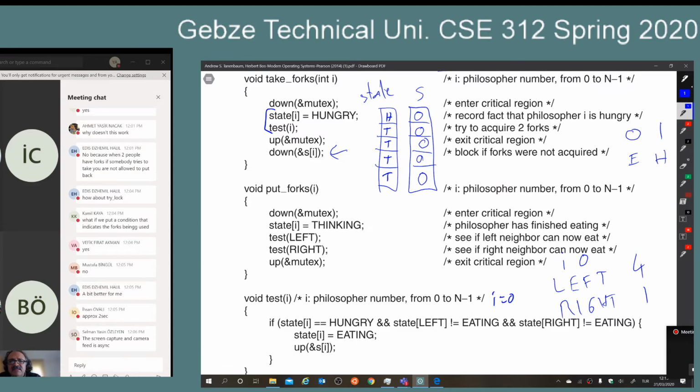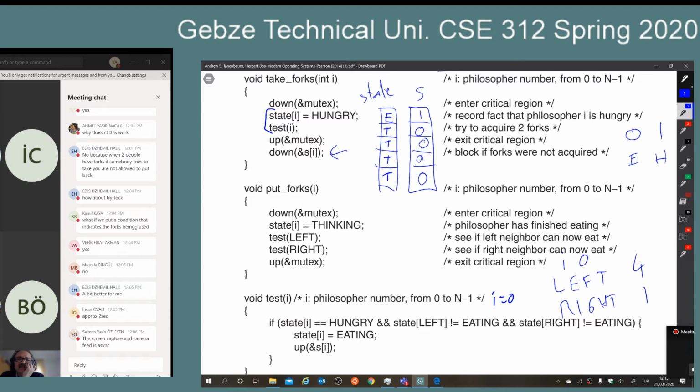So my state will be eating. I change this one to eating, and then I will up my semaphore. So my semaphore will be 1.